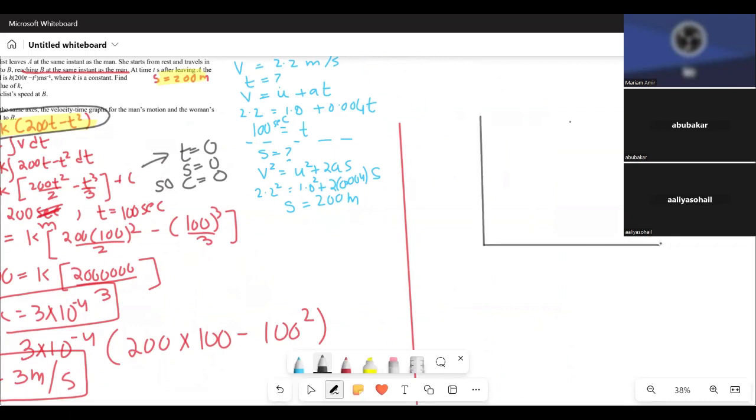You should properly label that as time in seconds and velocity in meters per second.